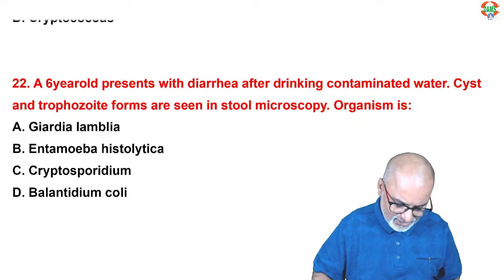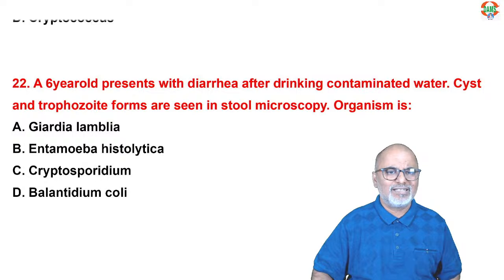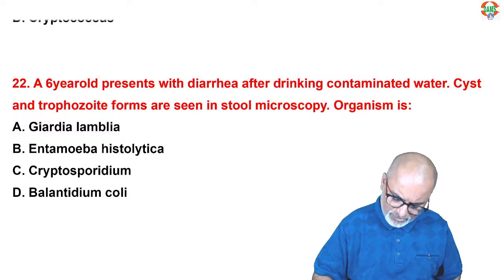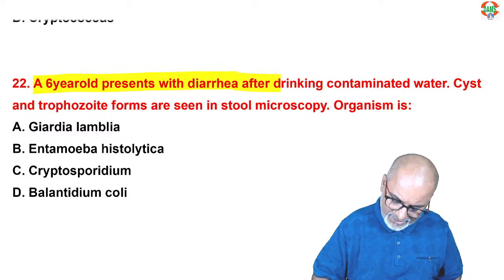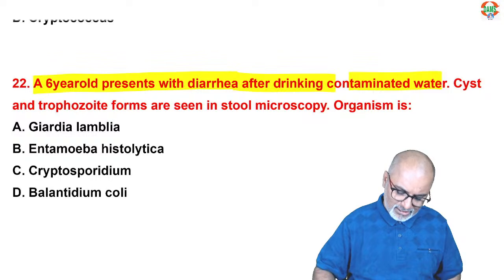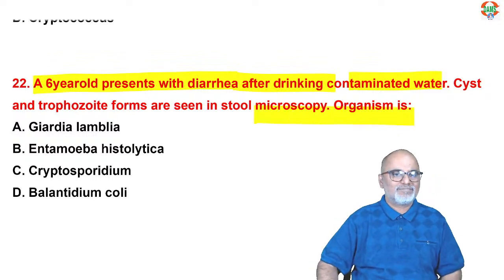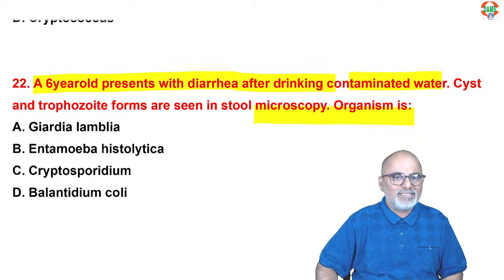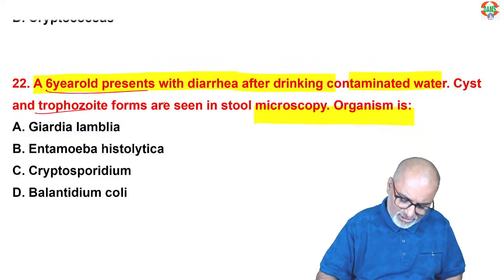Next is a 6-year-old who presents with diarrhea after drinking contaminated water. Cyst and trophozoite forms are seen in stool microscopy. The organism is? Please remember, it's a little tough question. But age is 6 years, and you are able to see cyst and trophozoite.